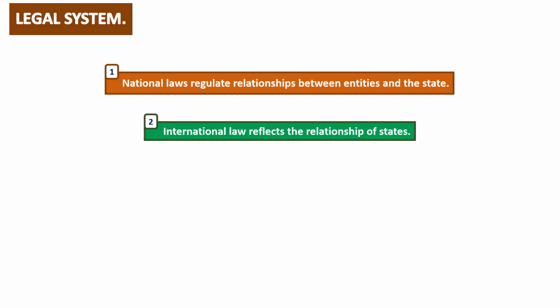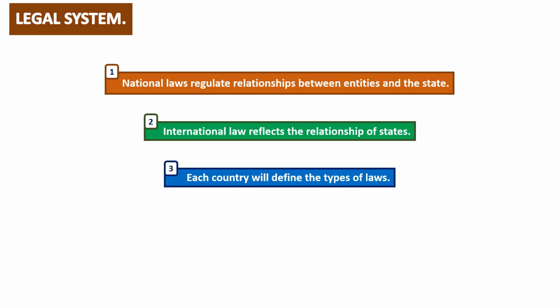And then international law will relate or reflect the relationship between one state and the other. So a state like the US interacting with the UK or Switzerland or Ghana, that is international law.